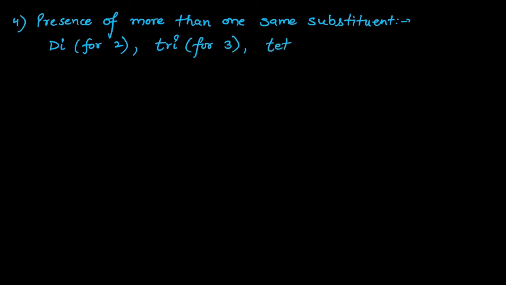If it is for 3 times, then it is tri. If it is for 4 times, then it is tetra. 5 times for penta, and for 6 it will be hexa, and so on. Now let's understand this rule by taking this example.